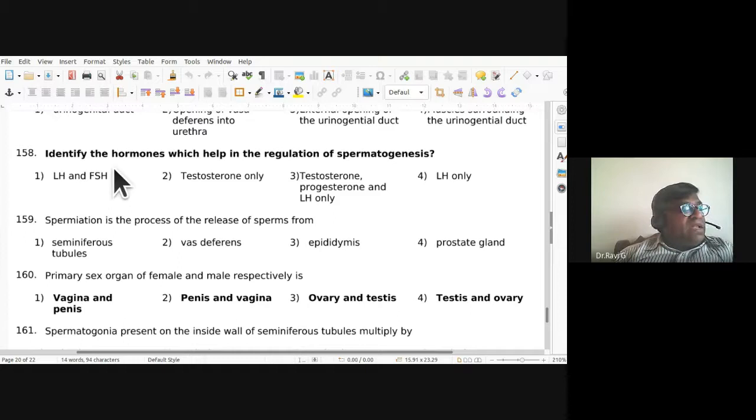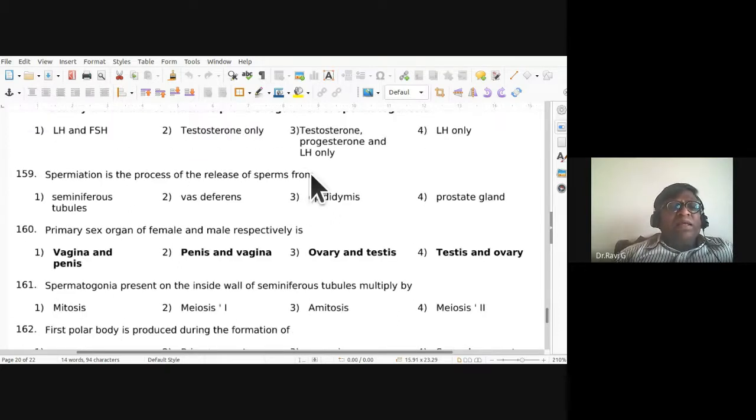So 158 is LH and FSH. 159, spermiation is the process of the release of sperms from seminiferous tubules, vas deferens, epididymis, or prostate gland. So the 159th is seminiferous tubules.